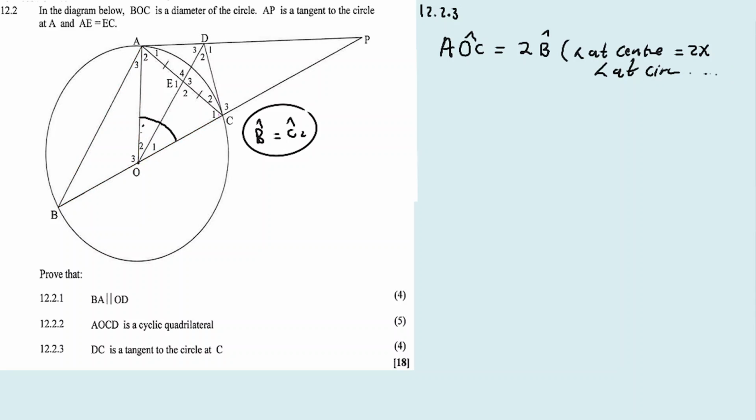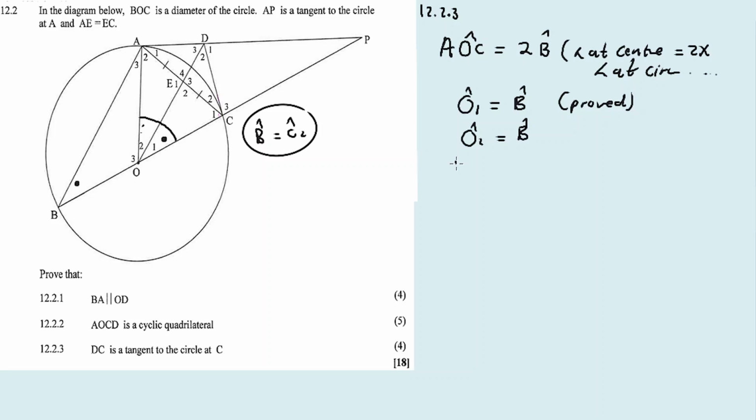Now you remember, especially in the previous question, we proved the cyclic quadrilateral, then said angle B is equal to angle O1. Therefore angle O1 is equal to angle B. This was proved on the previous question. Therefore it means that angle O2 will also be equal to B, right?